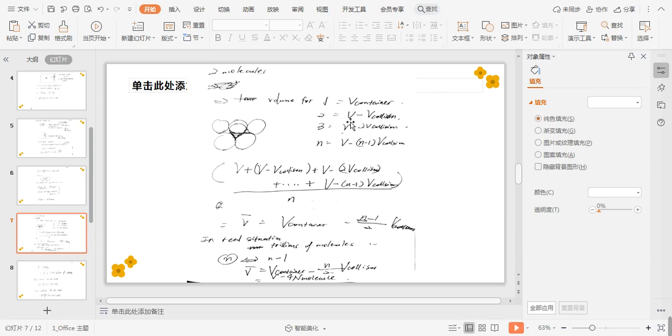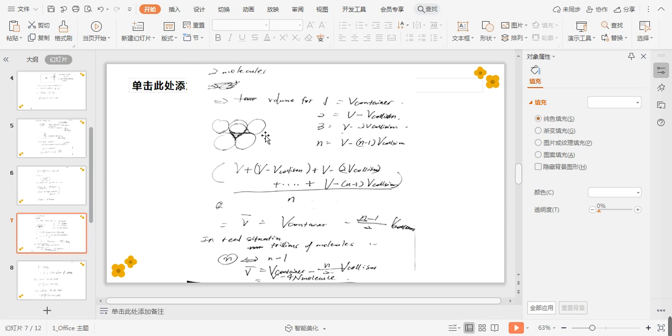You may ask why not V minus V molecule? Because of the diagram I drew here. You can see that when you place many circles or spheres together, there are still some blanks among each other, and these blanks take up the container space, but the gas molecules cannot occupy them.